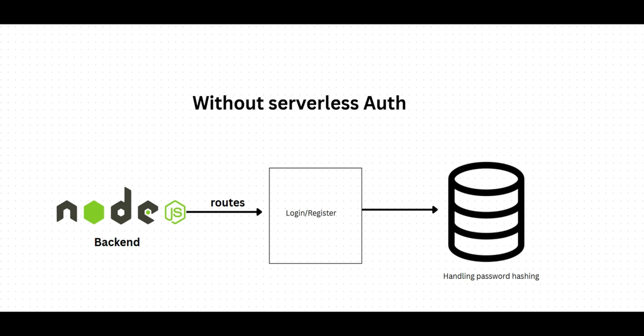Every time a user logs in, you need to retrieve the hashed password, compare it with the entered one, and generate a JWT token manually, and finally send that token back to the front end to manage the session. As you can see, when you are not using serverless authentication, you have to build and maintain all of this logic yourself, from password hashing to token handling to session security. That's exactly why using something like Firebase or Supabase can save a lot of time and effort. They handle all of this behind the scenes securely and efficiently.